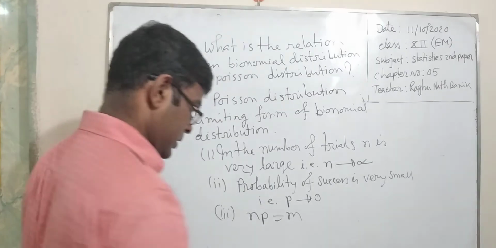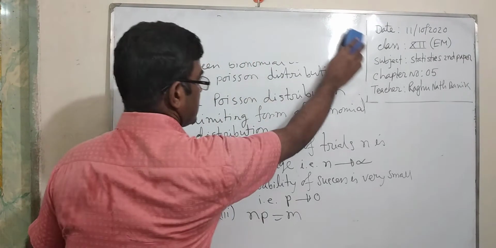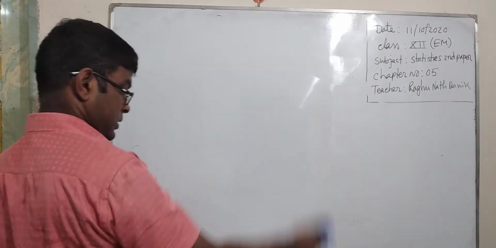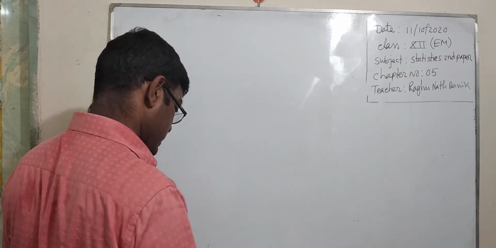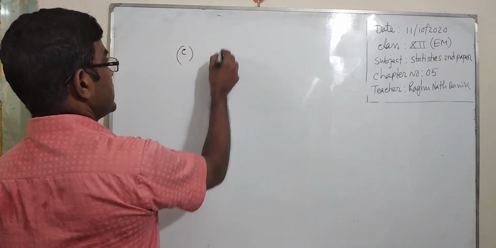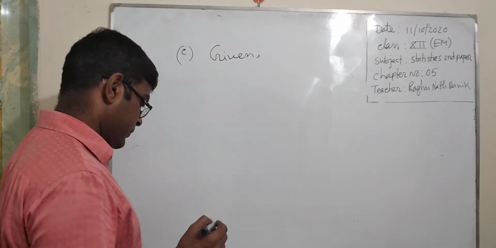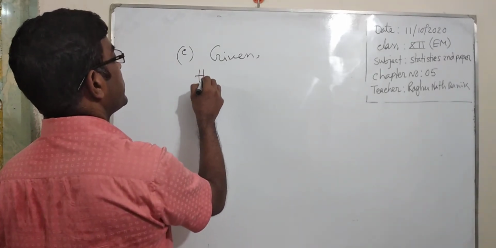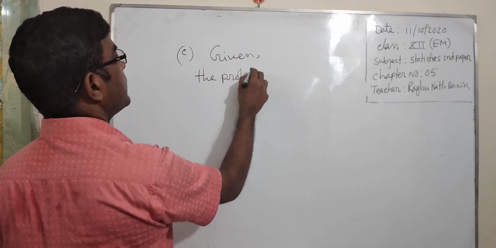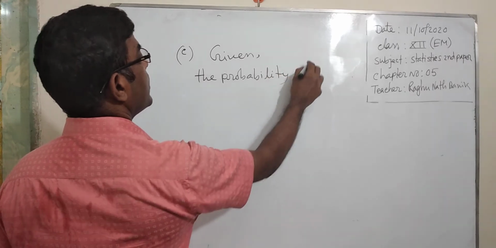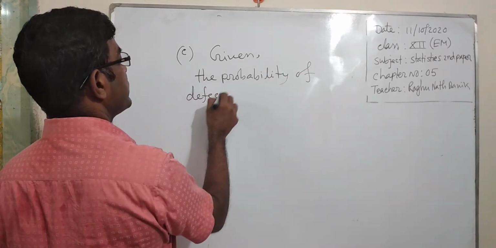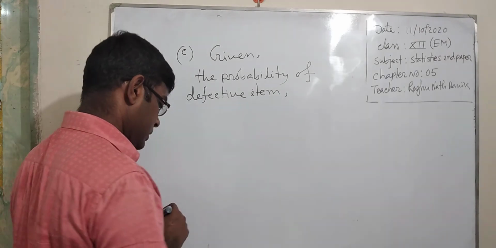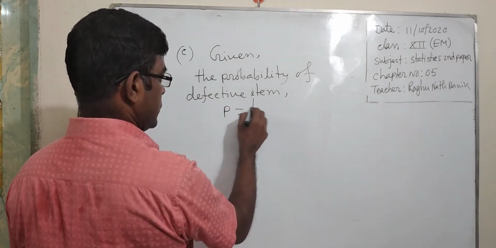Okay, dear students. Now question number 3, we can solve. At first we can write, given the probability of defective items, p equal to 1 by 400.